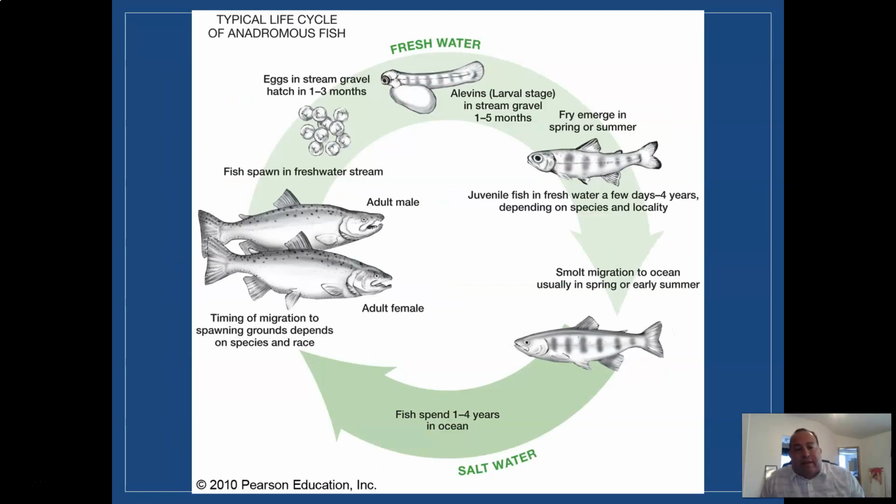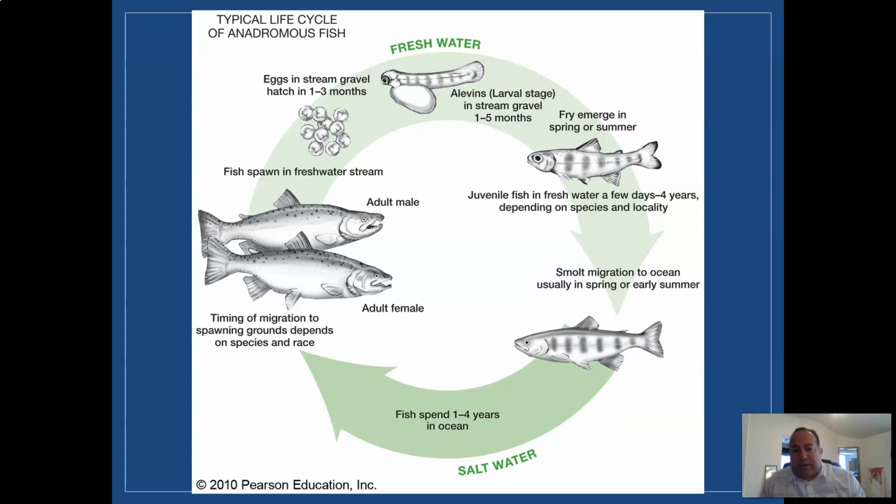So just to give you a little more example of what exactly we're talking about here in terms of an anadromous life cycle. So let's start off with the spawning. So an adult male and adult female come together in a freshwater stream, and they lay eggs. Well, the female lays eggs. Those eggs then are in the stream gravel in a nest called a redd.